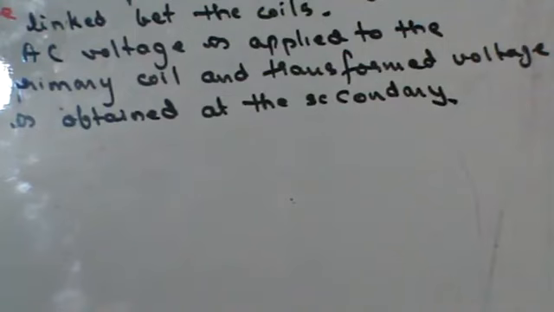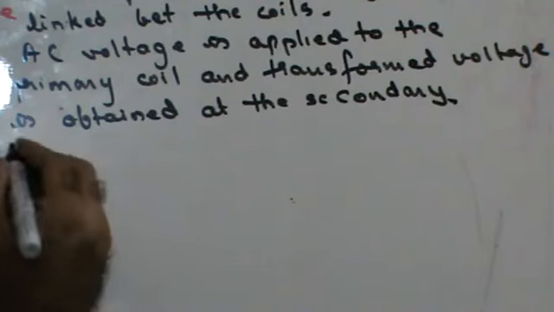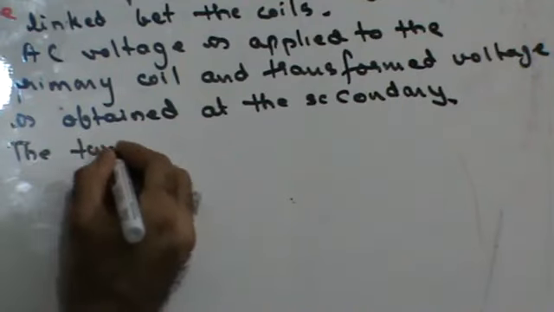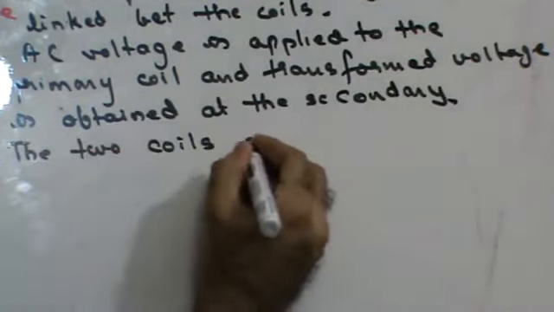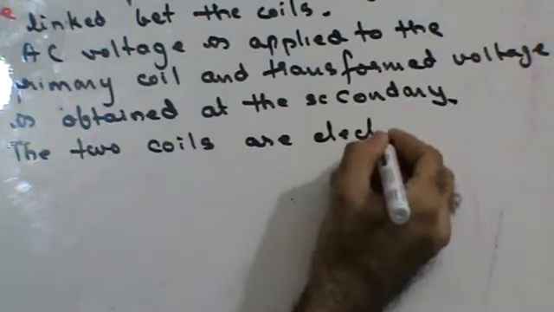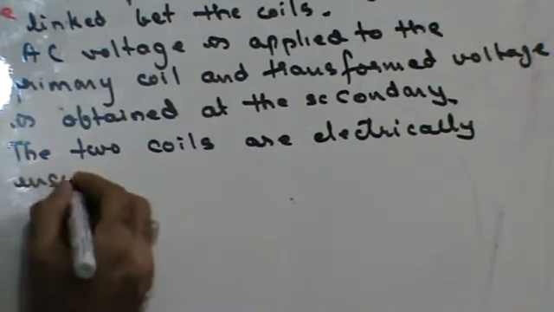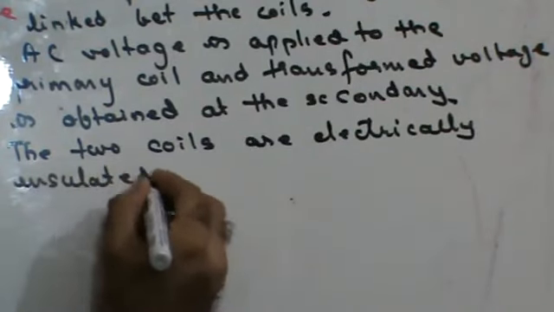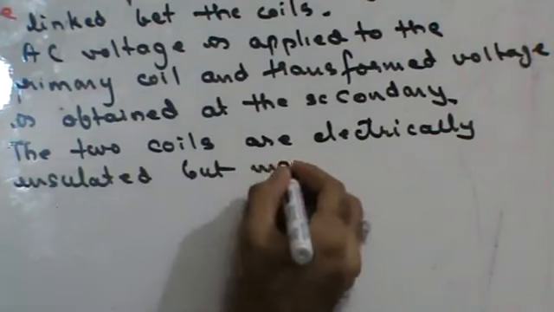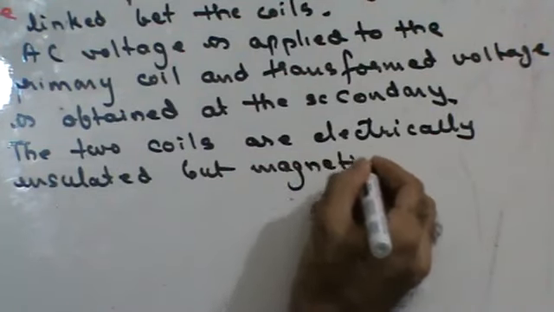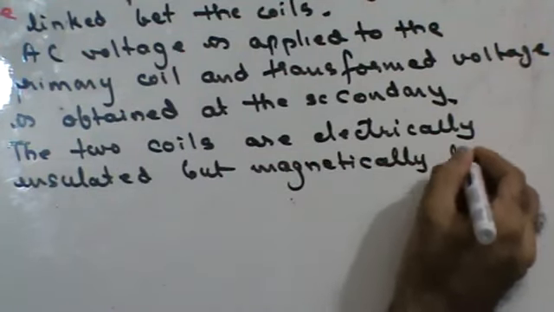You give input to the primary and take output from the secondary. The two coils are electrically insulated but magnetically linked.